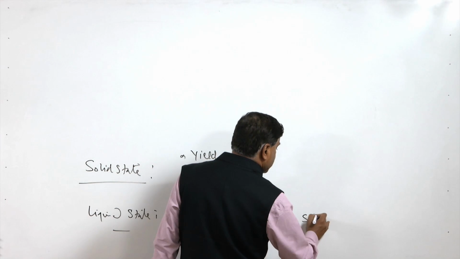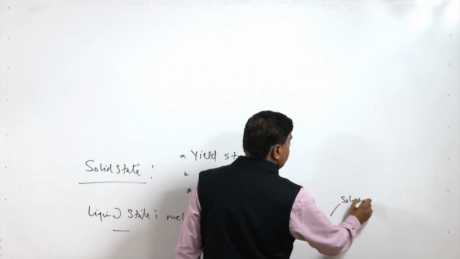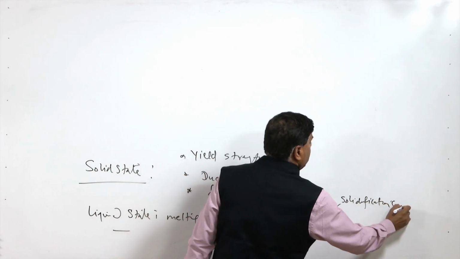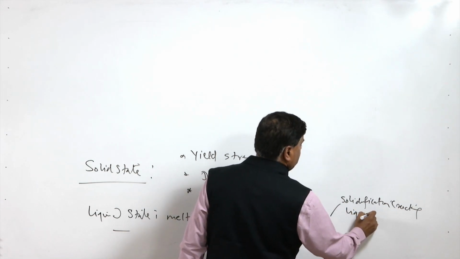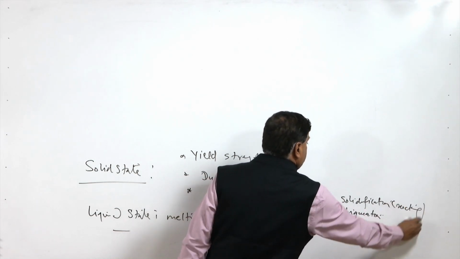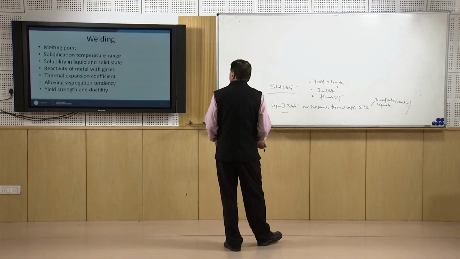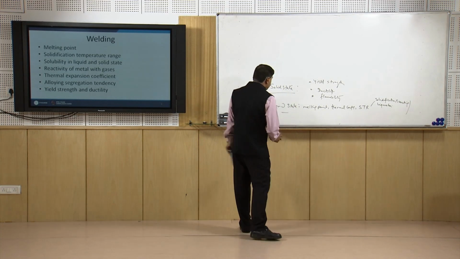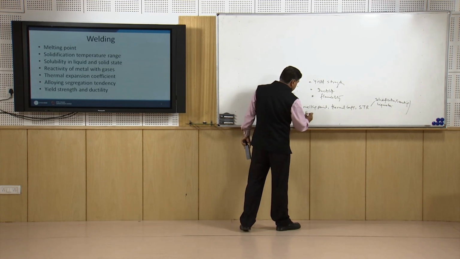Then solidification temperature range: in case of welding, a wide range increases the solidification cracking tendency, and another form of cracking, liquefaction cracking tendency, is also observed if the solidification temperature range is high.